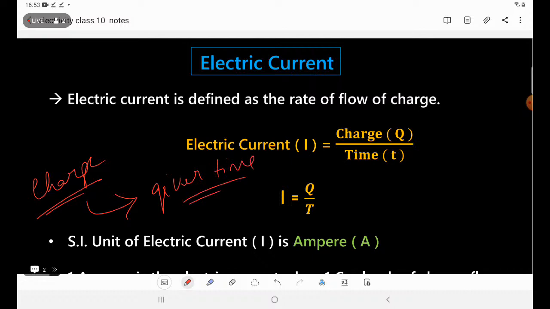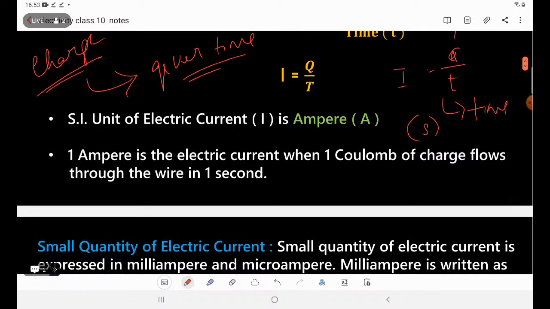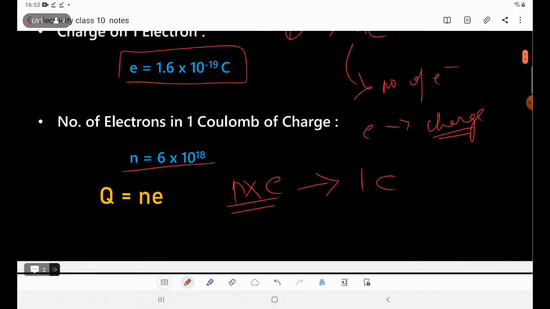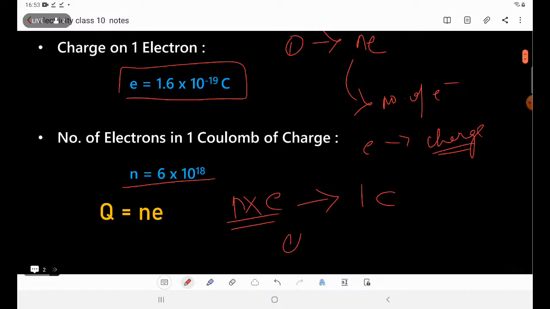The formula of electric current is I equals Q by T, where Q is your charge and T is your time, and time should always be in seconds. While you are solving, do check whether it is given in minutes or hours. The SI unit of current is ampere, and the SI unit of charge is coulombs.